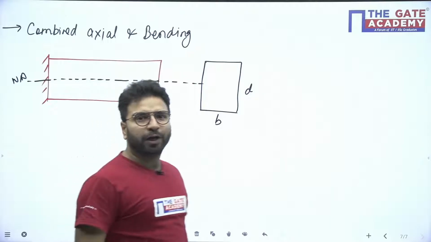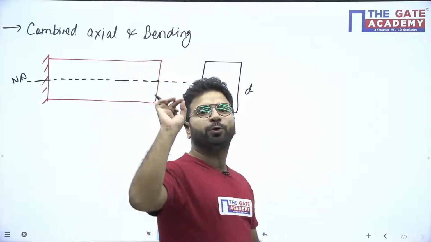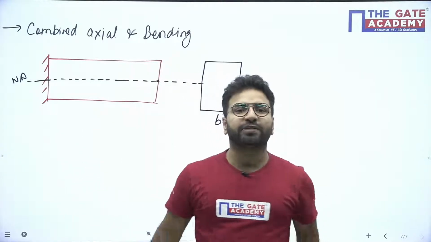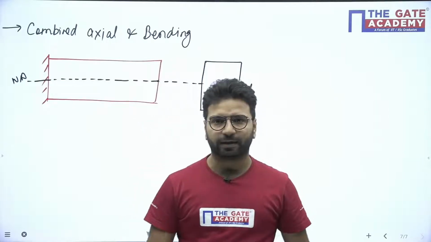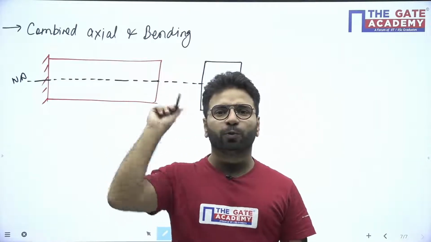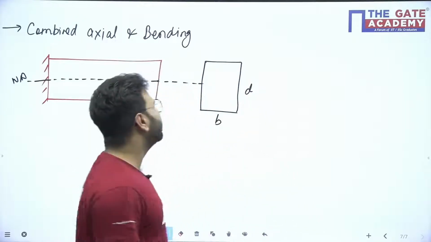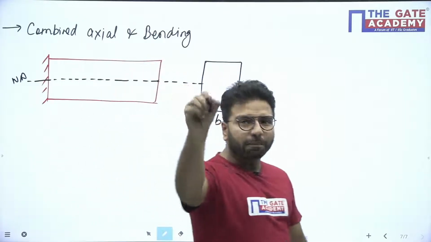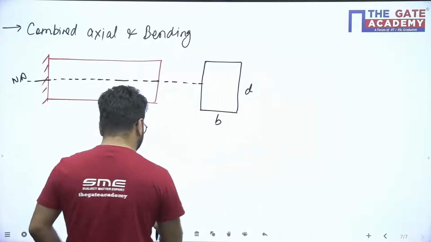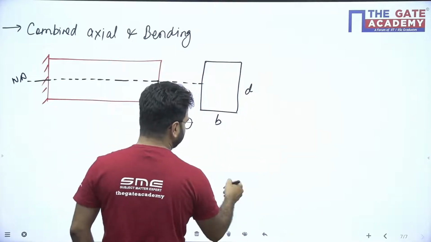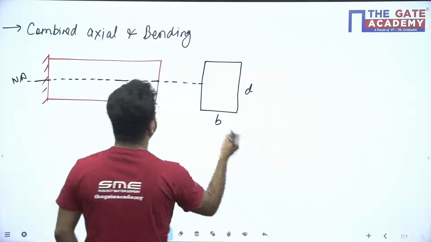Up to now, what we have seen, the force is applied on the neutral axis, and then you say the stress is directly P upon A, right? But let us suppose the P is not applied at the neutral axis, the P is applied somewhere here.